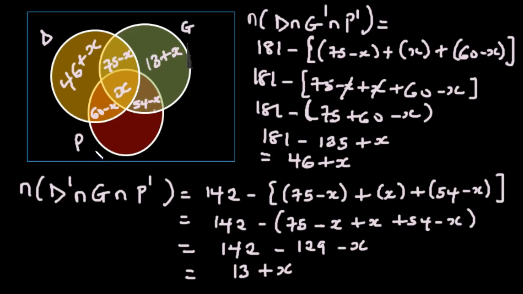So let's go ahead and solve for the number of people who read Punch only. I'm going to go ahead and do this in case you're not getting it. So we have people who do not read Daily Times, do not read Guardian, but they read Punch. Let's solve for that. We know that the people who read Punch, as we have been given, is 117.